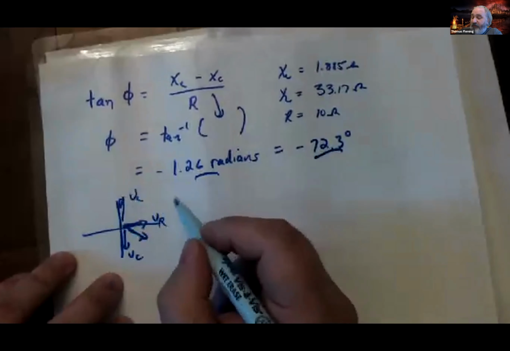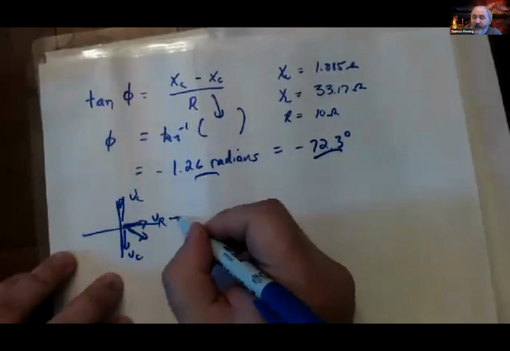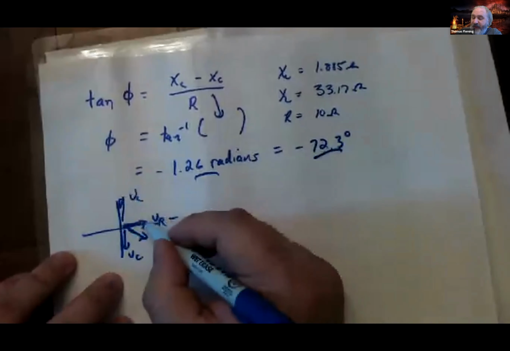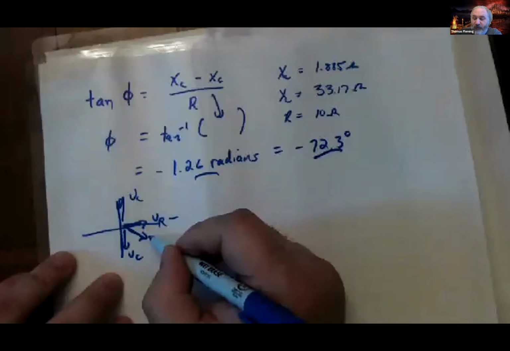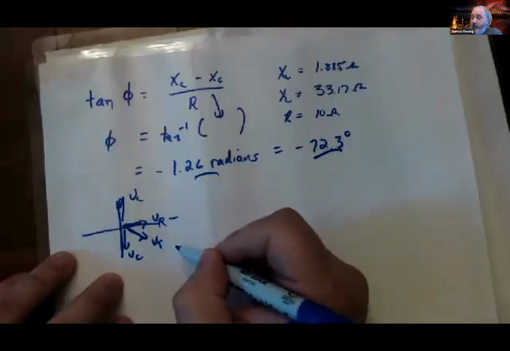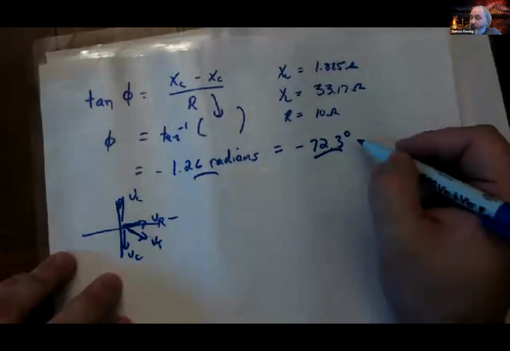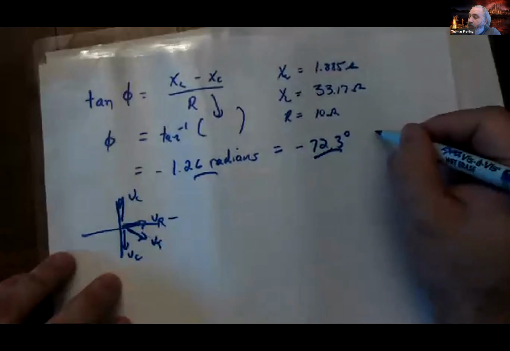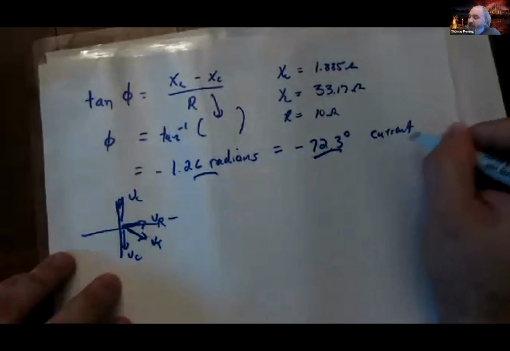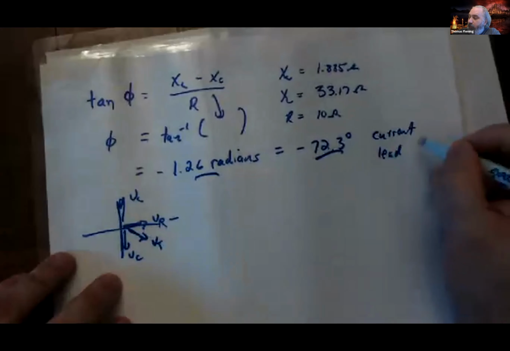And so what that means is that my current, which is always in phase with VR, is ahead of my V total. So in this case, because this is negative, we would say the current leads the voltage.